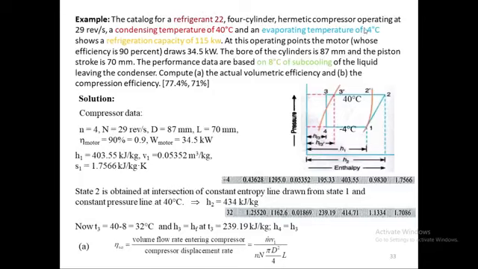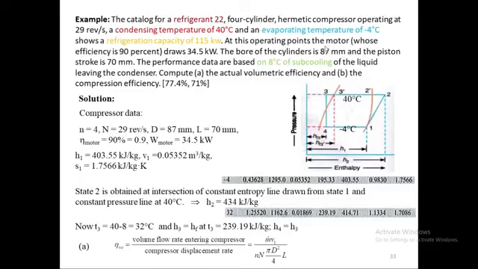The hermetic compressor operates at 29 revolutions per second, so it's already given in revolutions per second. Condensing temperature is 40 degrees centigrade and evaporating temperature is minus 4 degrees centigrade. The condenser is at 40 degrees centigrade and the evaporator is at minus 4 degrees centigrade. It shows a refrigerating capacity of 115 kilowatt, so we are getting 115 kilowatt from the evaporator.